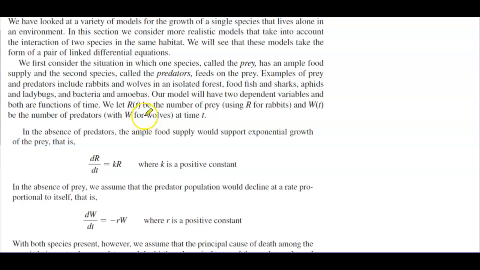We're going to let R of t be the number of prey, using R for rabbits, and then we're going to use W of t, which will be the number of predators, for wolves, at time t. So, in the absence of predators, the ample food supply would support exponential growth of the prey.